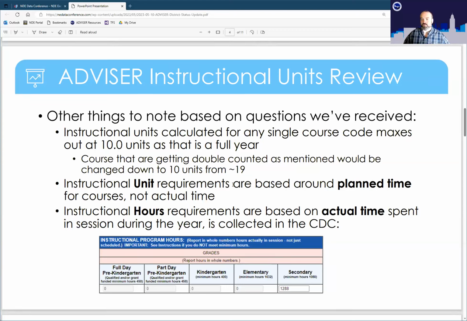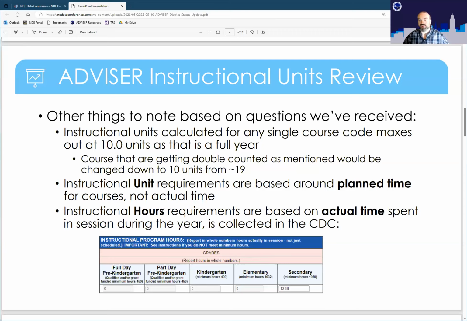These are basically the requirements for making sure that you're offering enough courses at your high schools. It's not based on the actual time after the year's done when you look back and can calculate exactly how many hours and how many minutes everyone was there.